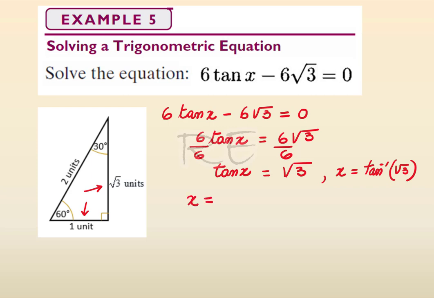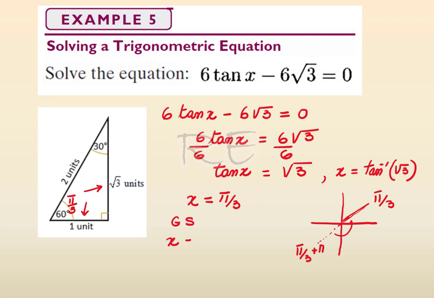That arc is opposite square root of 3 over 1. So x is equal to pi over 3, which is the reference angle located in the first quadrant, and the other place where tangent is positive is the third quadrant, and it's pi over 3 plus pi.